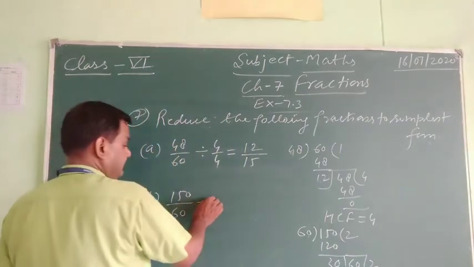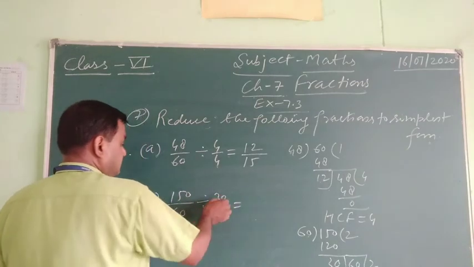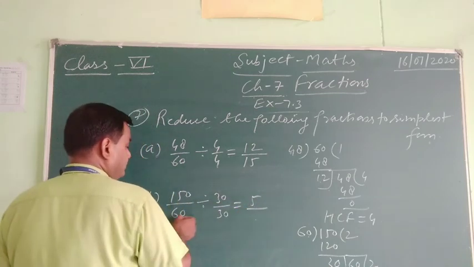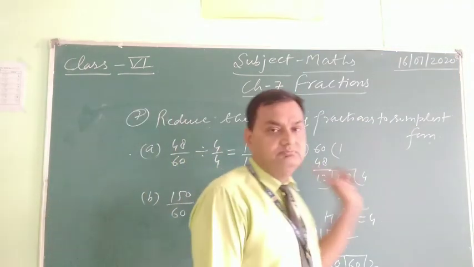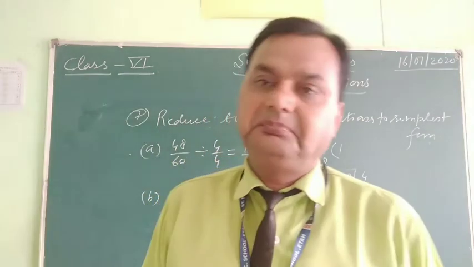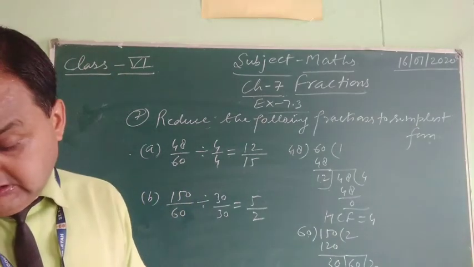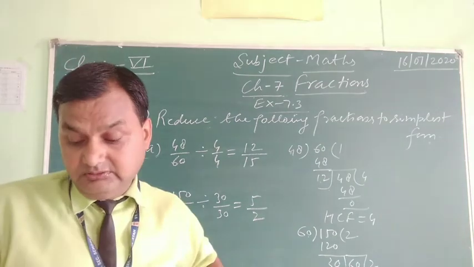Now divide by 30. 30 fives are 150 and 30 twos are 60. 5 upon 2 is the simplest form of this fraction. In this way we can solve other questions.